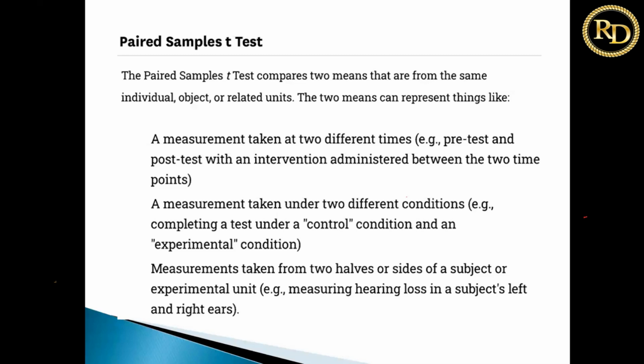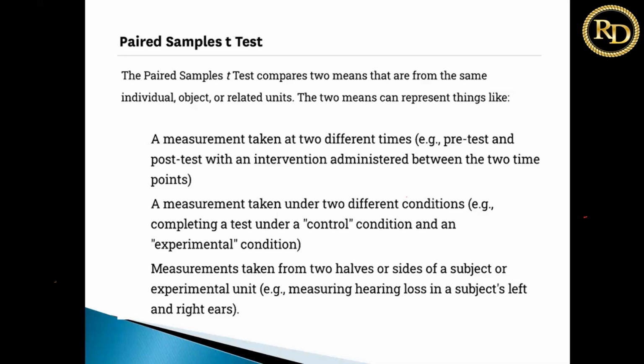And now alternatively, if we wish to check whether insulin is effective in reducing the blood glucose or not, then before insulin, we will have the data of glucose in the blood, and after insulin, we will check the values of the blood glucose, and we will take the difference between the two and set it to 0 for the population, and we'll check whether it is significant or not.